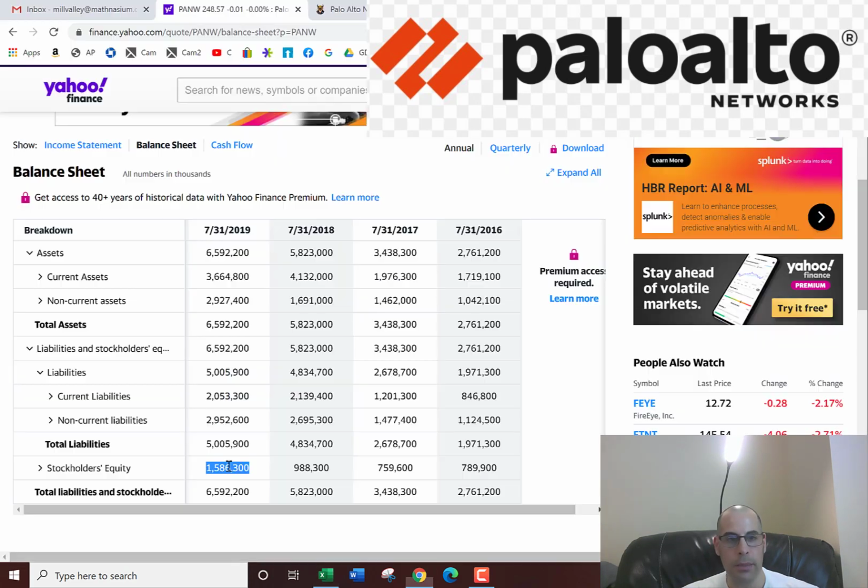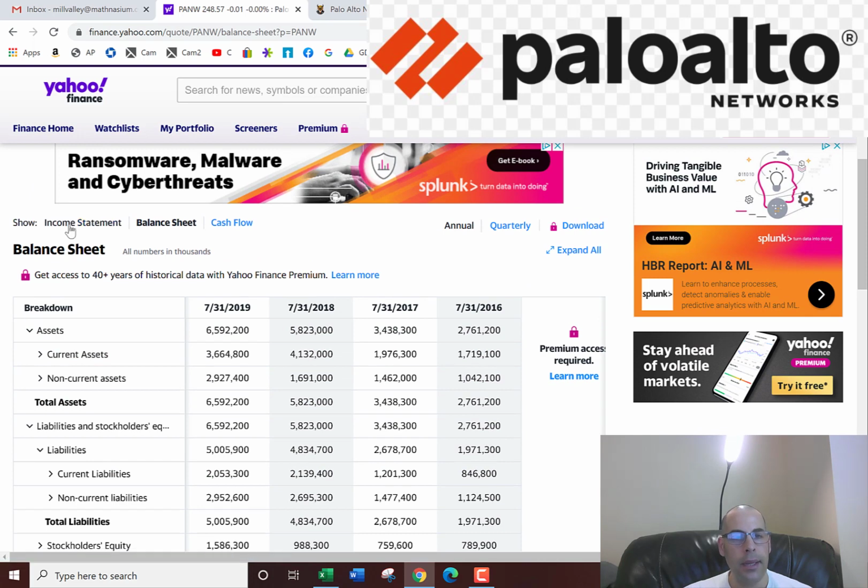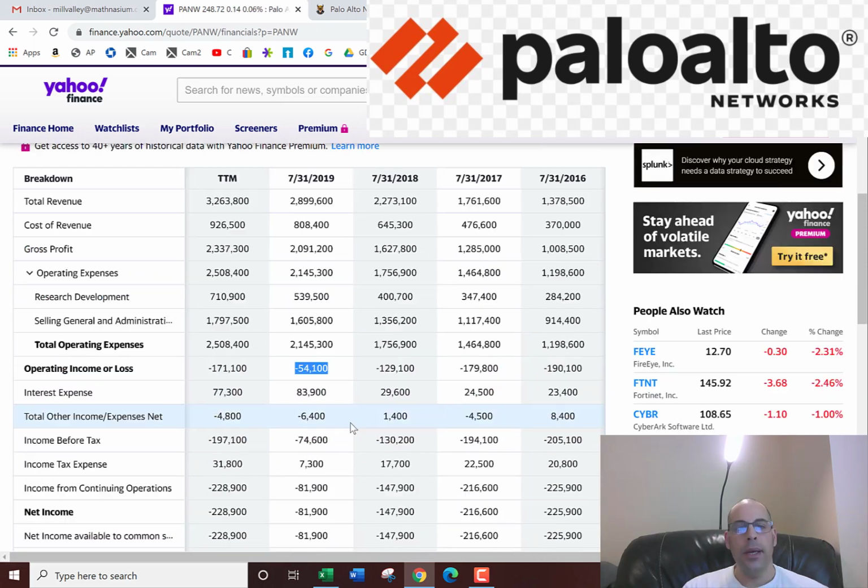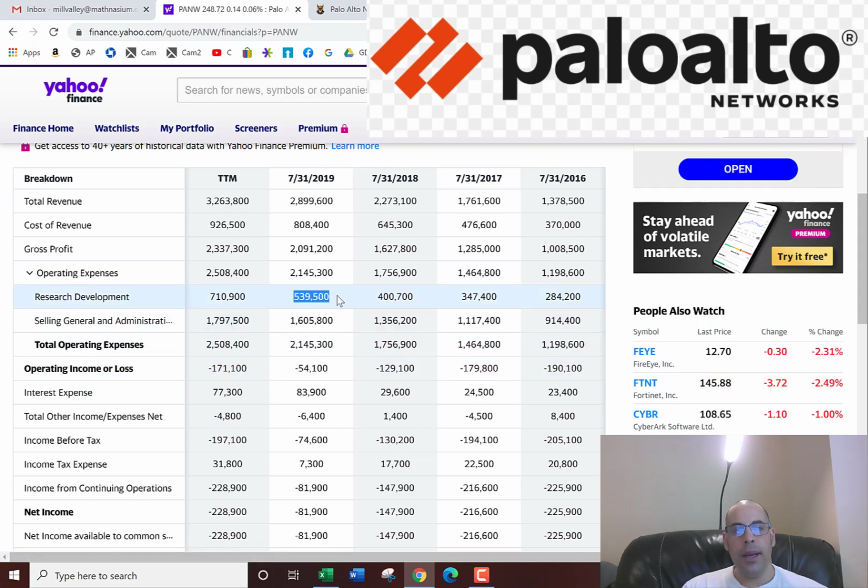That's $1.6 billion. And let's get their EBIT, earnings before interest and taxes. So they have negative $54.1 million in operating income. And you can see they spent $500 million in research and development. So each year they're spending a pretty good amount in R&D. So that is bringing down their operating income to negative. So hopefully that research pays off in the future.